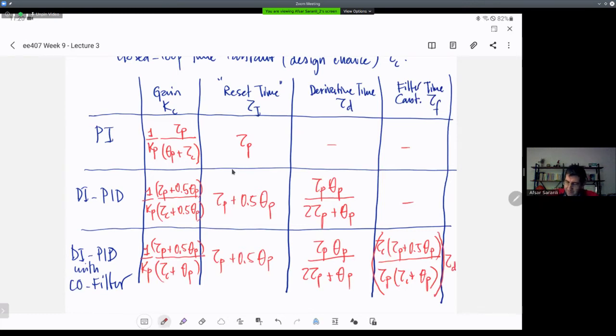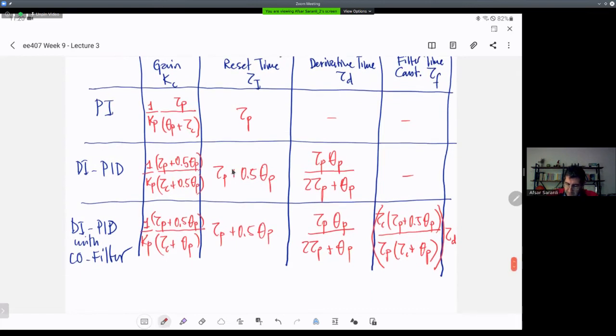And I have tau F, the filter time constant, equal to alpha times tau d. So this is your alpha.